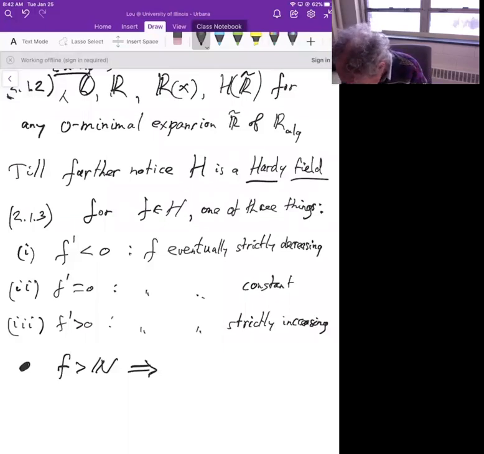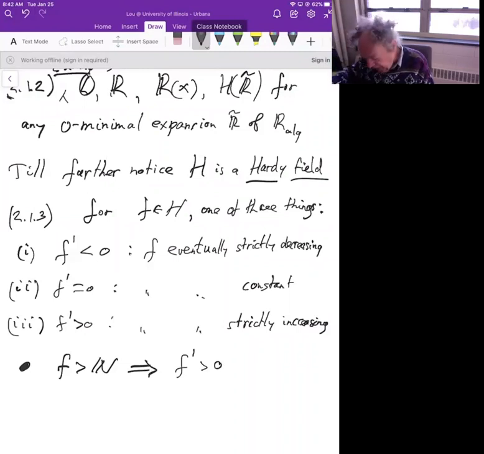If f is bigger than every natural number, or bigger than every constant in the field, to express it in a more definable way, then that can only happen if f prime is positive.